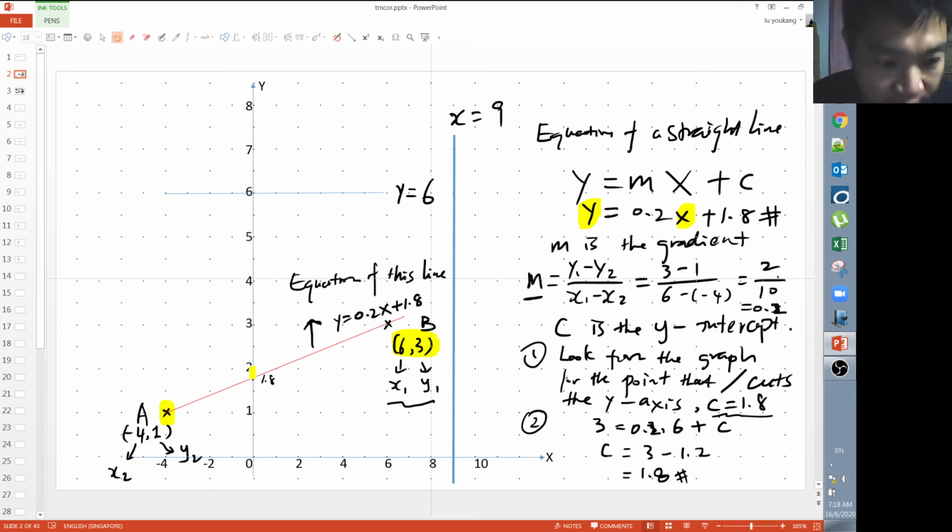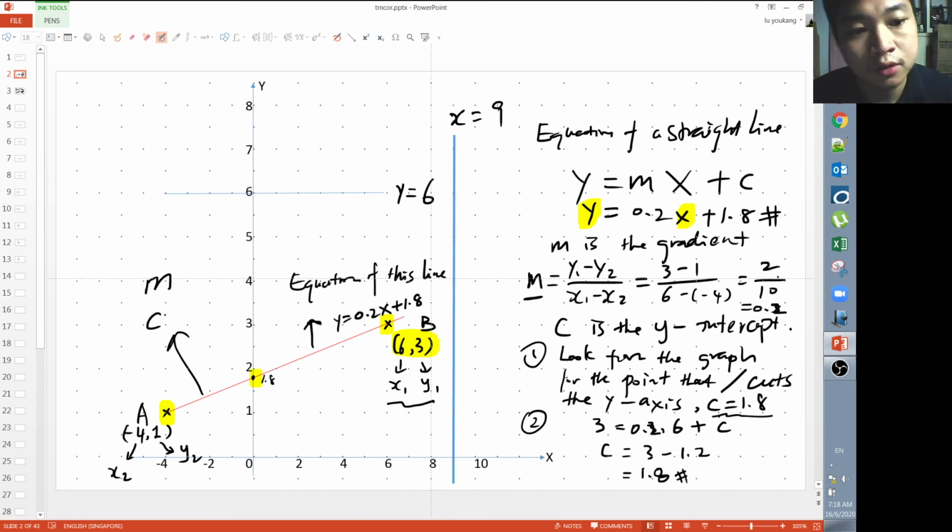At a different point here, your x is 0 and your y is 1.8. At this point your x is 6 and your y is 3. So your x and y are not fixed along the line. But for this equation of the line, what is fixed? For this straight line, two things are fixed: the gradient and the y-intercept.